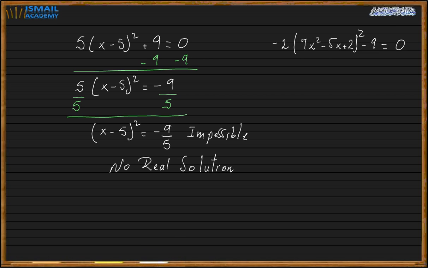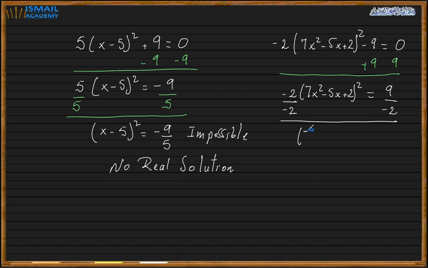So here, look, I add 9 to both sides. So we'll end up having minus 2 times (7x squared minus 5x plus 2) squared equals 9. I divide by minus 2.